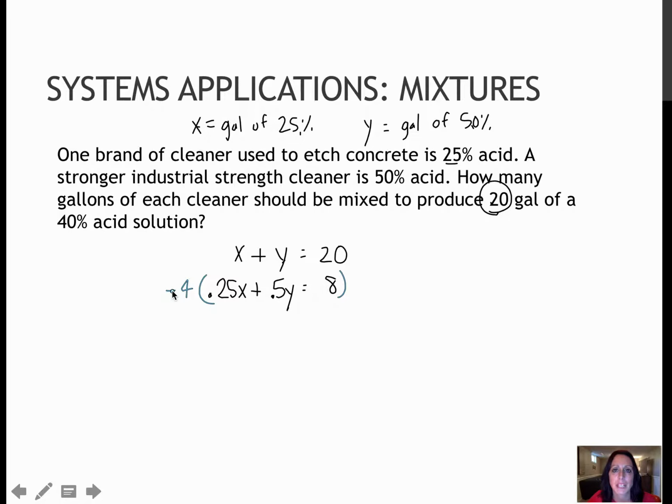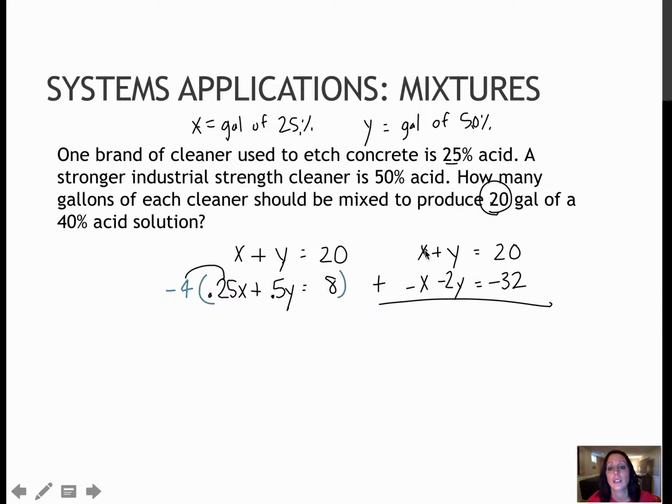But taking it times the negative means this is going to be -1. So this equation is going to stay the same, which is x plus y equals 20. And this equation is going to turn into -1x, -4 times 0.5 is -2y, and -4 times 8 is -32.